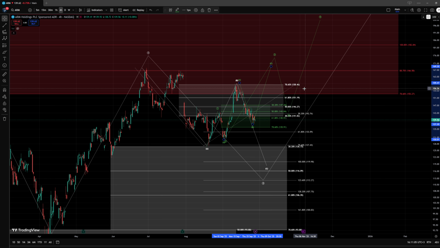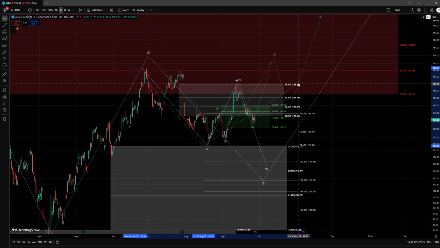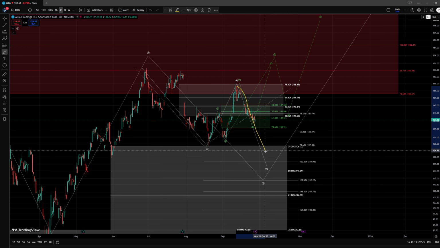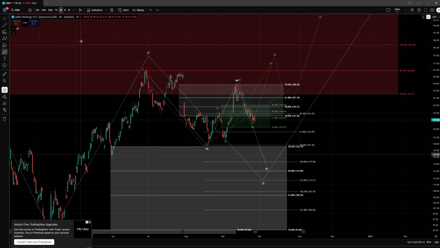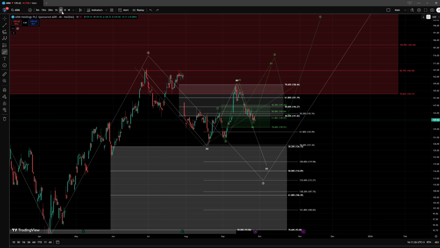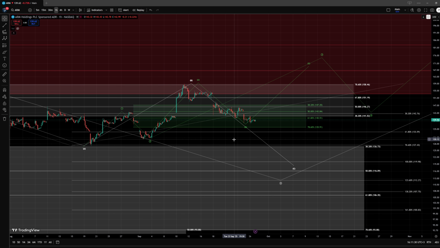That is an ideal target for a wave C. It doesn't have to get there, and it doesn't need to stop there. Oftentimes we see C waves that exceed even the 138.2% extension, which is the ideal target for a third wave. It happens, that is perfectly fine, not really a problem for the chart, especially not on the larger time frame of the structure that we would be tracking in that case.